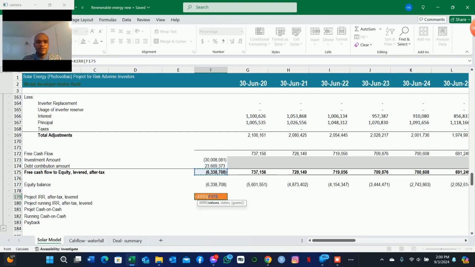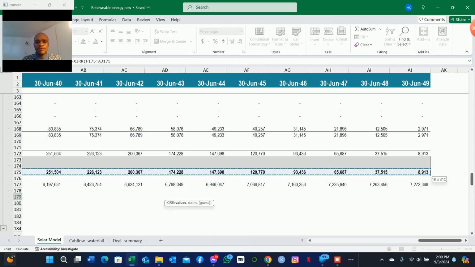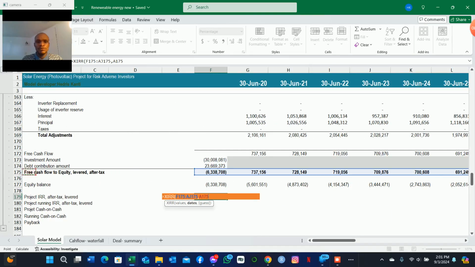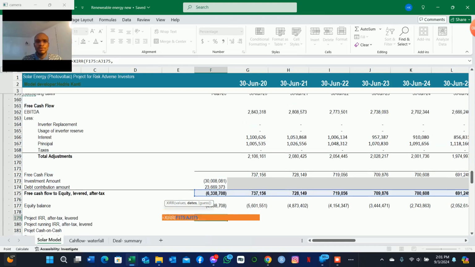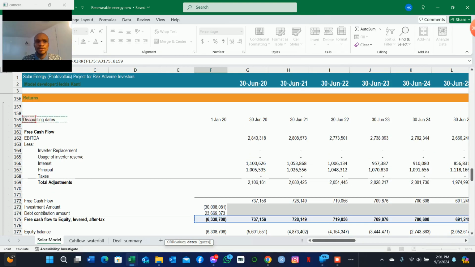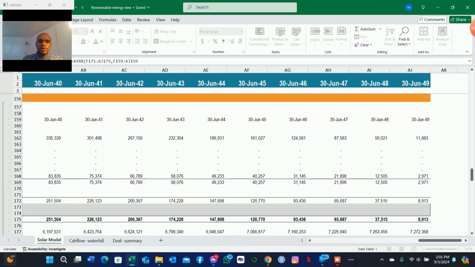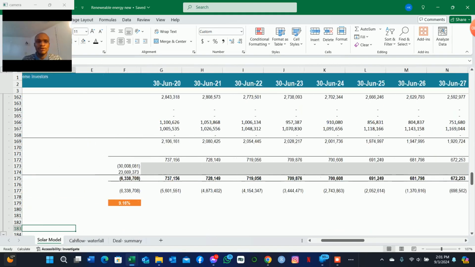We are grabbing all of the cash flows, including the initial investment amount, and also the dates associated to those cash flows, and we press enter.